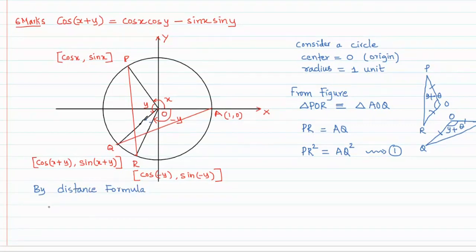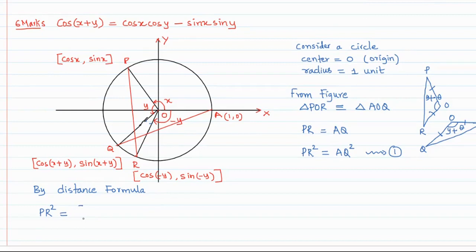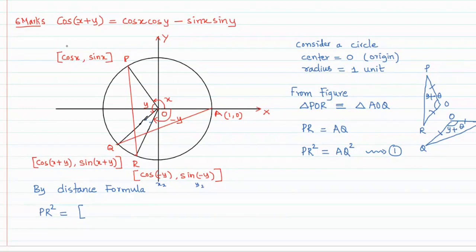So first PR square I will take. PR square is equal to, the root gets cancelled. So by the distance formula, (x2 minus x1) bracket square plus (y2 minus y1) bracket square. For PR, this is x2, this is y2, this is x1, this is y1.